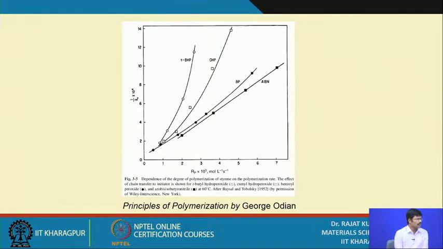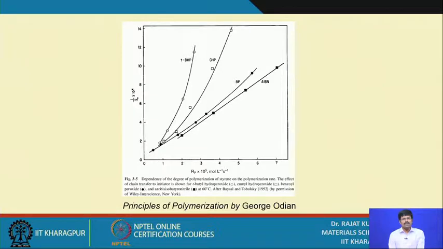Now, suppose the chain transfer to the initiator is negligible, then that last term, which is the chain transfer constant into initiator concentration divided by m, will be very low, because your Ci is very low. If that term is very low, then your graph will remain linear throughout.